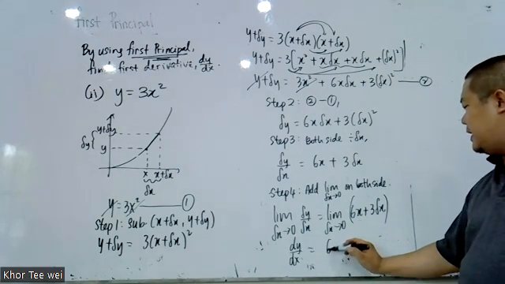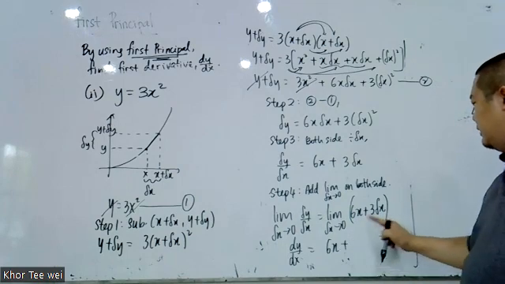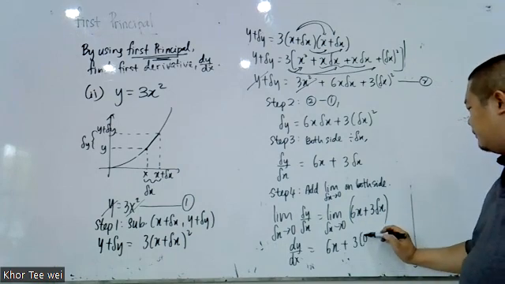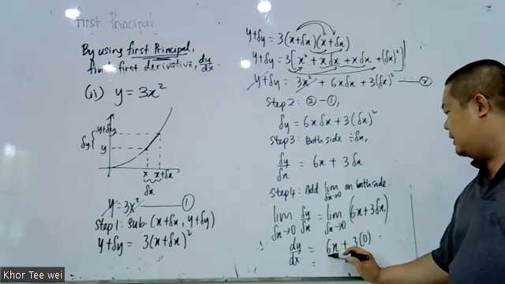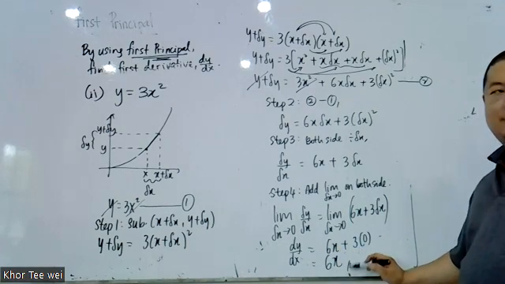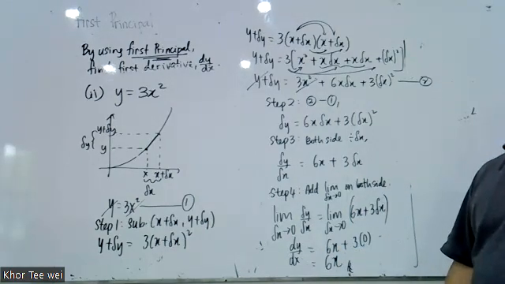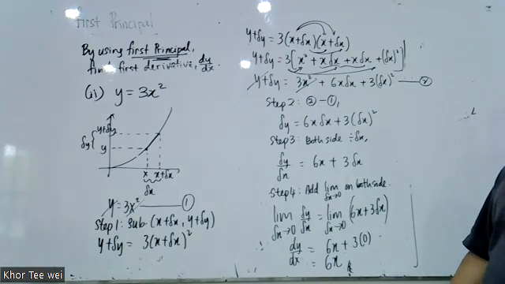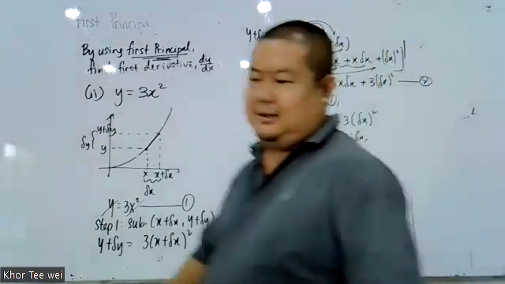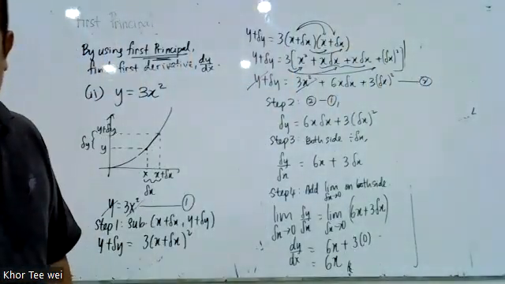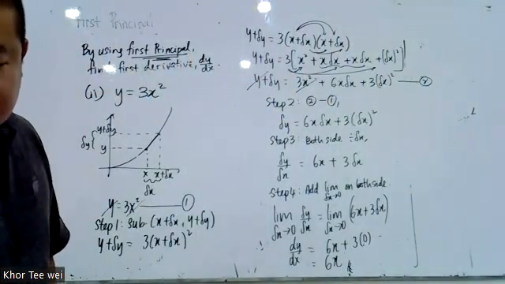This one is 6x, and this one, delta x equals 0. So your answer should be 6x. So this one will be the answer. Correct? Okay, copy down the second thing. dy/dx is the gradient.